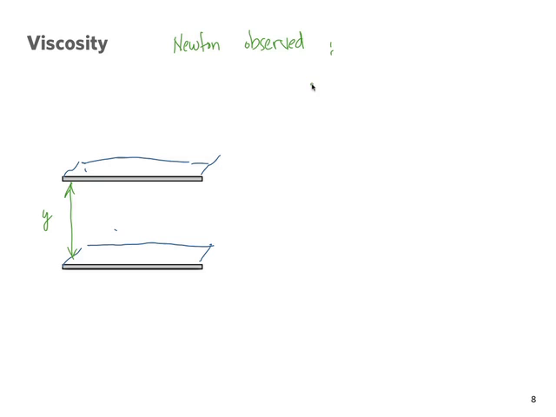the following, that the force, if I pull this plate at the top with a velocity capital U, and this one here is stationary, this fluid in between the two plates everywhere, the force is equal to viscosity of the fluid times the area multiplied by the velocity and divided by the distance between the two plates.